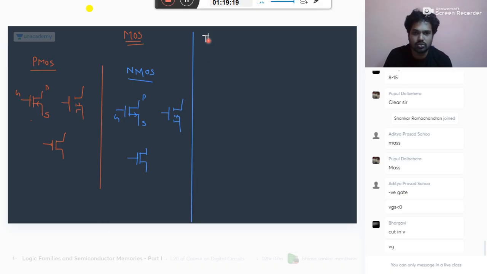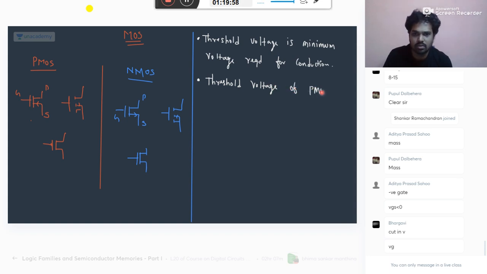First point, threshold voltage is the minimum voltage required for conduction. Threshold voltage of PMOS is negative.